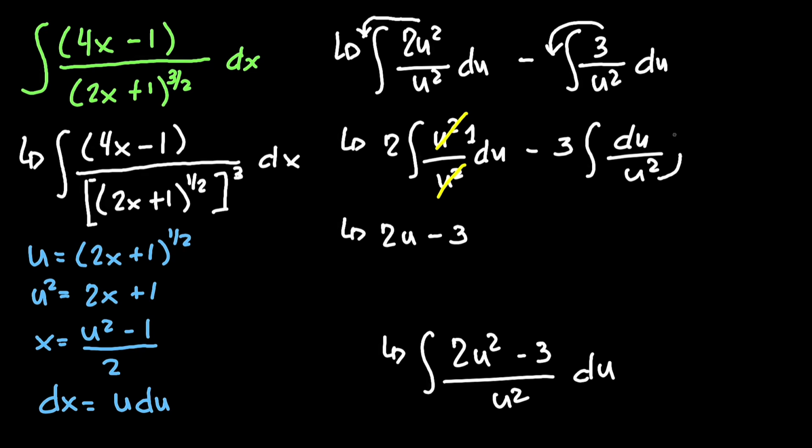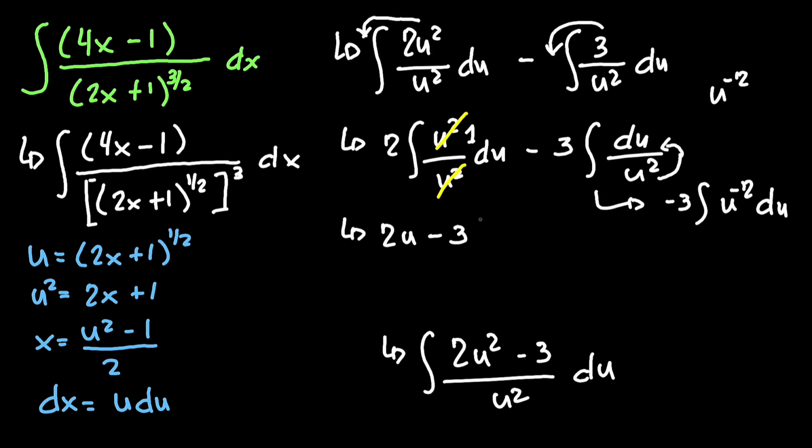This is not based on a logarithm because you can do it like this. U squared, when you put it at the top, would become u raised to the power of negative 2. So this is basically the integral of u raised to the power of negative 2 du.